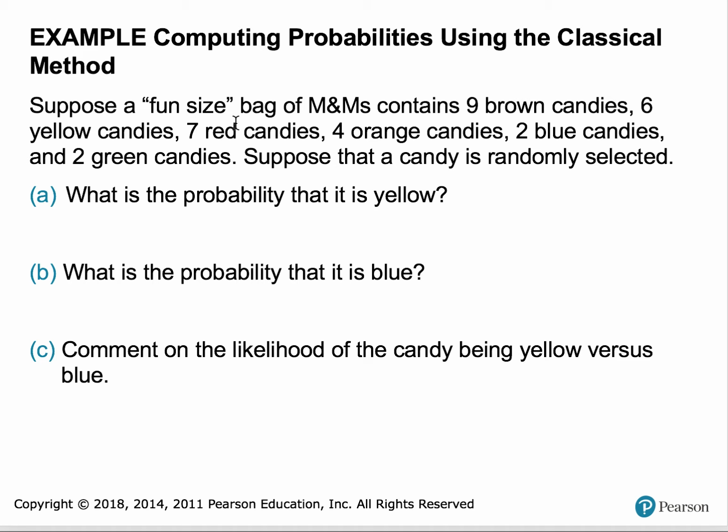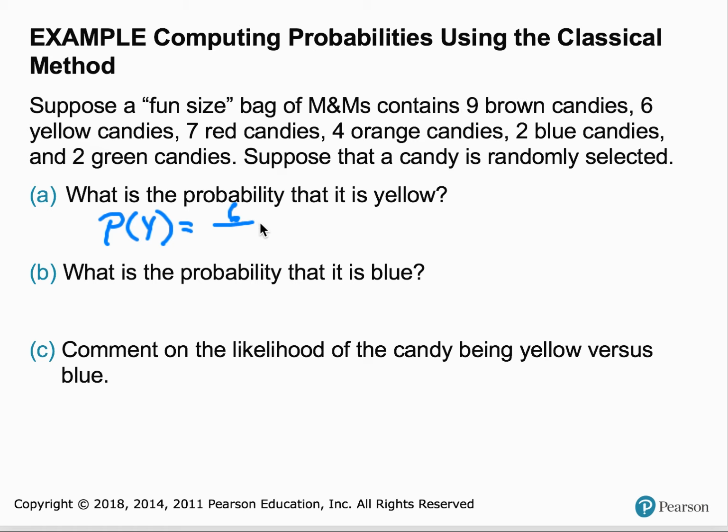Suppose a fun-sized bag of M&Ms contains 9 brown candies, 6 yellow candies, 7 red candies, 4 orange candies, 2 blue candies, and 2 green candies. Suppose that a candy is randomly selected. What is the probability that it is yellow? Well, how many yellow were there? 6 yellow.